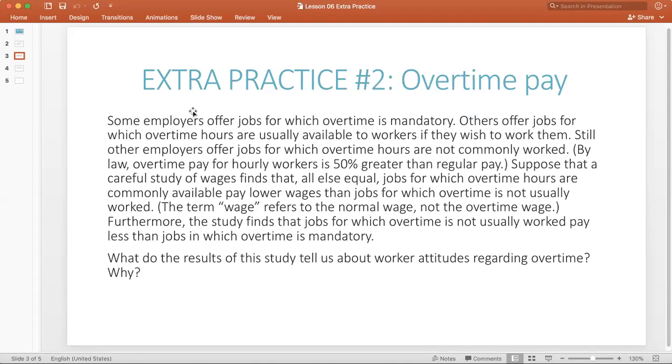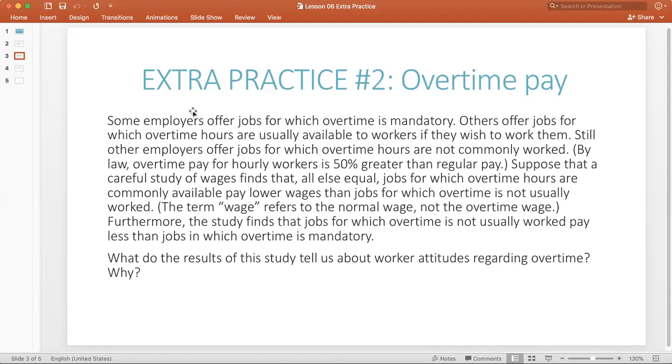So it says, some employers offer jobs for which overtime is mandatory. Others offer jobs for which overtime hours are usually available to workers if they wish to work them. Still, other employers offer jobs for which overtime hours are not commonly worked. By law, overtime pay for hourly workers is 50% greater than regular pay.